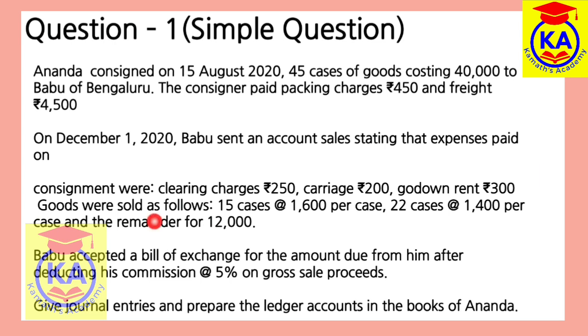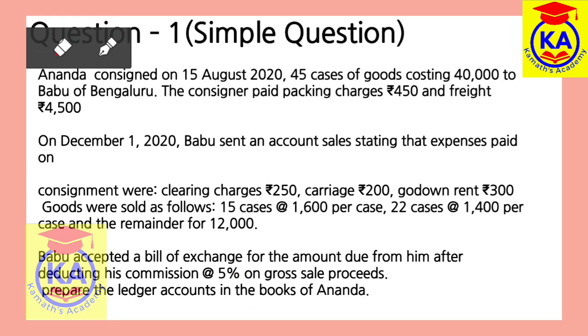Goods were sold as follows: 15 cases at rupees 1,600 per case, 22 cases at 1,400 per case, and remainder for rupees 12,000. Babu accepted a bill of exchange for the amount due from him after deducting his commission at 5% on gross sale proceeds. Prepare the ledger accounts in the books of Ananda.